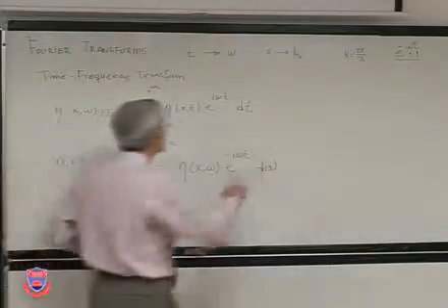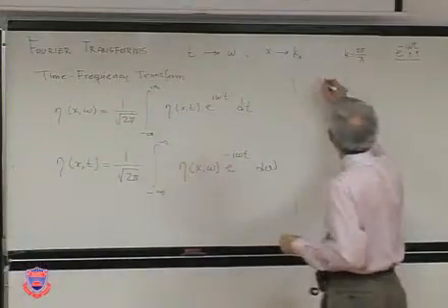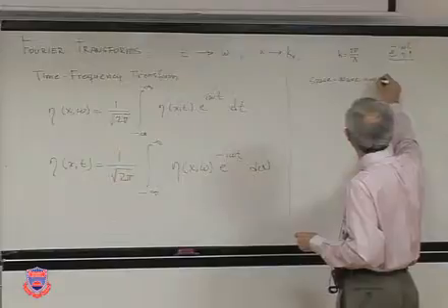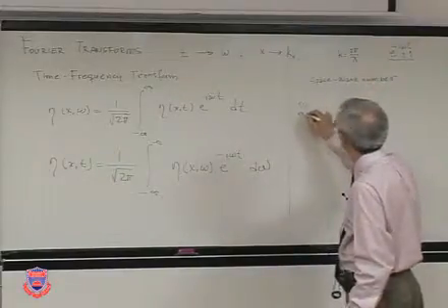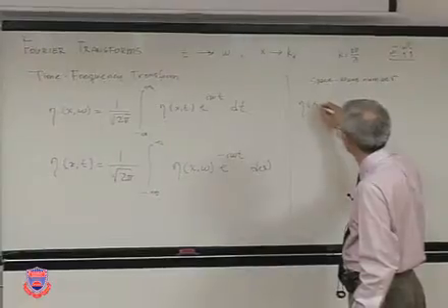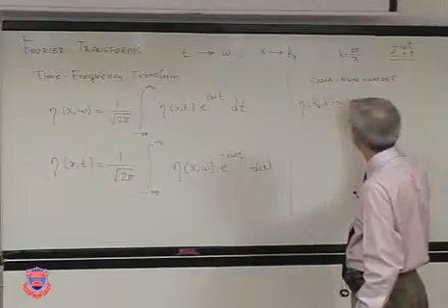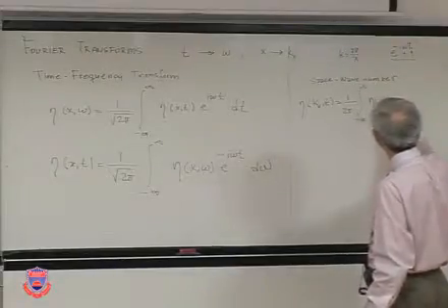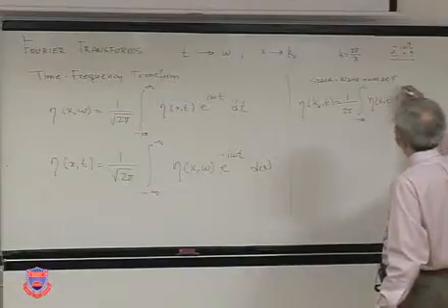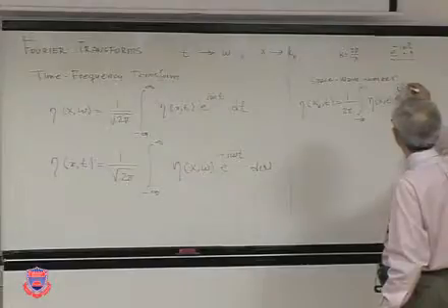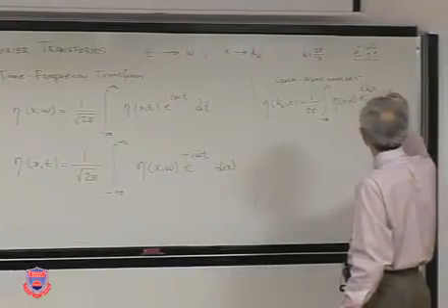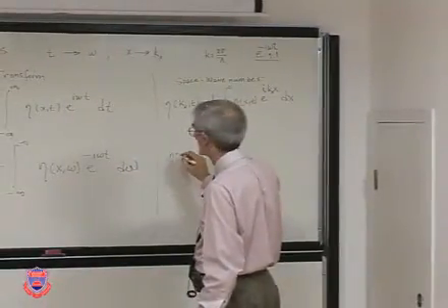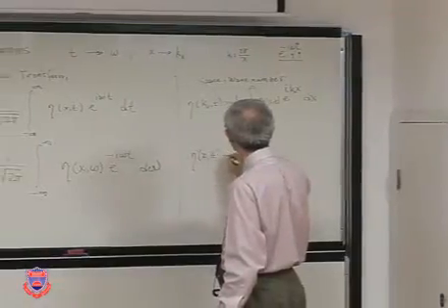A Fourier pair. Similarly, we can say space, wave number Fourier transform. In this case, of course, we have kx. And similarly.